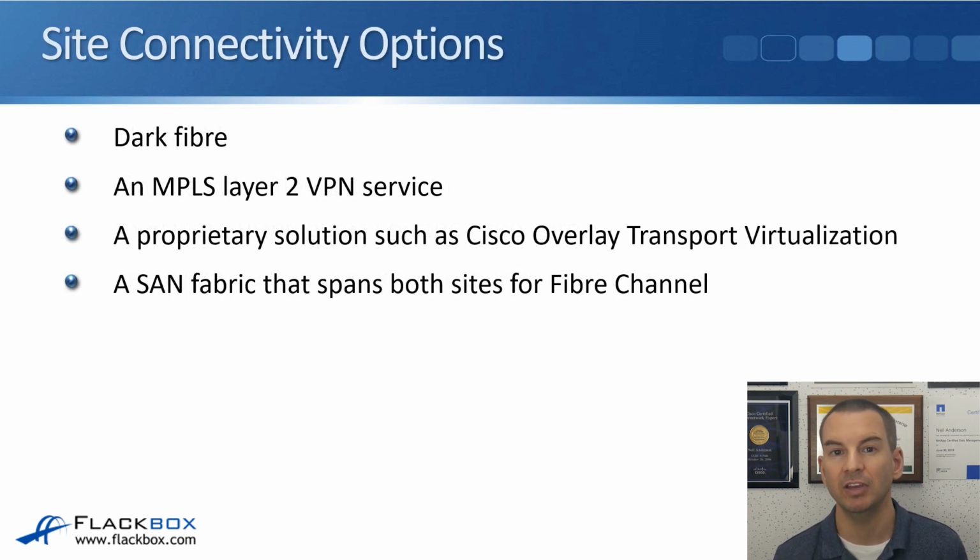So our site connectivity options that would provide that would be dark fiber or an MPLS layer 2 VPN service or a proprietary solution such as Cisco OTV, that's overlay transport virtualization, or a SAN fabric that spans both sites for fiber channel. If you're not sure how to configure this, speak to your networking team. They will know about these different options and they will be able to guide you on what the best solution is for your particular environment.